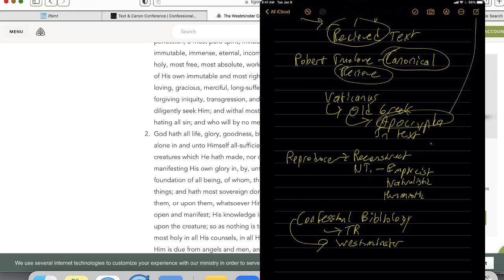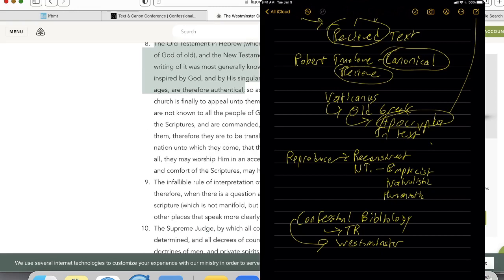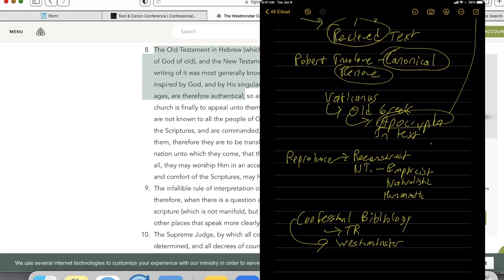I believe there's some Calvinism in this. I haven't read the entirety. I'm pretty sure there are things in it I wouldn't agree with. I'm not Reformed. I'm not Calvinist, okay? And the Westminster Confession of Faith, you can see here, it says, quote, the Old Testament in Hebrew, which was the native language of the people of God of old, and the New Testament in Greek, which at the time of writing of it was most generally known in the nations, being immediately inspired by God and by his singular care and providence kept pure in all ages, are therefore authentical.